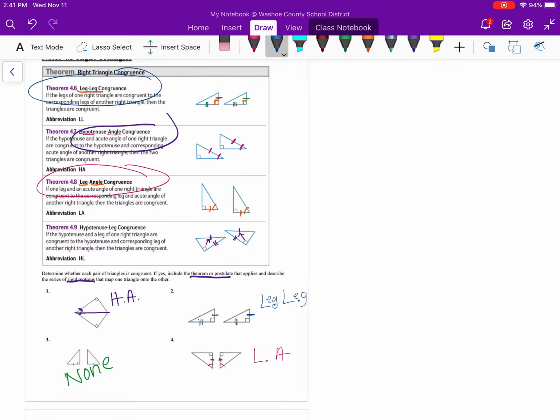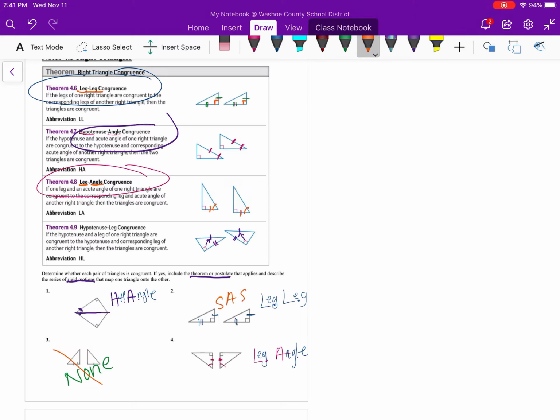You can go leg, leg, angle, and then hypotenuse angle. Remember, these could technically also be the ones we've learned in past sections. So this side angle side would work. That one's still not going to work. This one would be, oh, sorry, I was trying to label number 2.